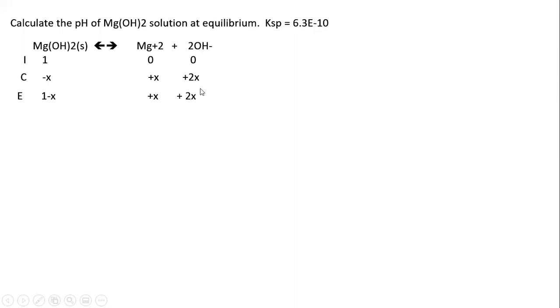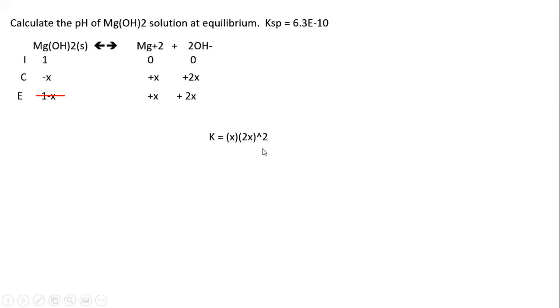Next, we want to calculate the pH of a partially soluble hydroxide. Here we have magnesium hydroxide, Ksp 6.3 times 10 to the negative 10. So we write the dissociation of magnesium hydroxide. Again, initially there's no product present. Now here you'll notice for every 1 mole of reactant, we get 1 mole of magnesium 2 plus and 2 moles of hydroxide. And then we can always negate the 1 minus x because magnesium hydroxide is a solid.